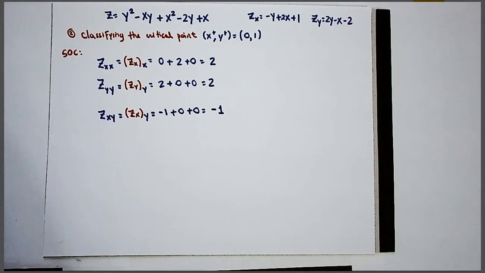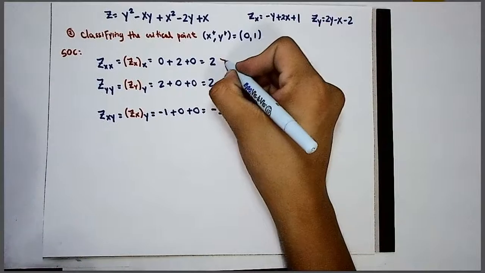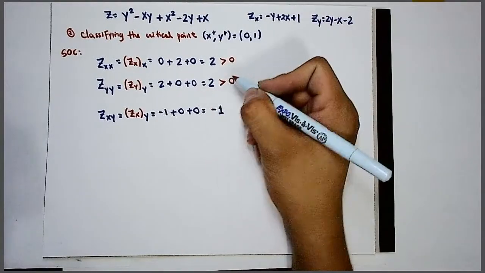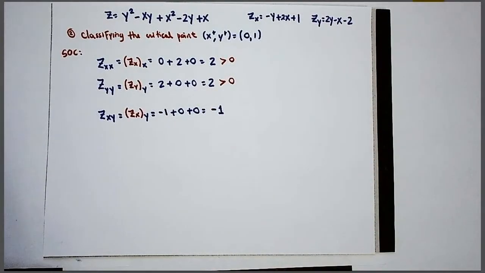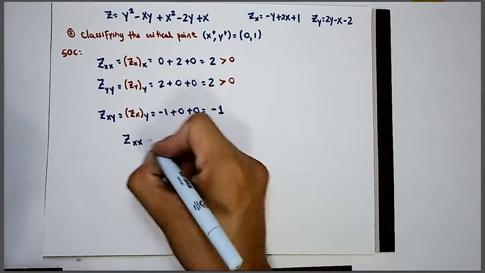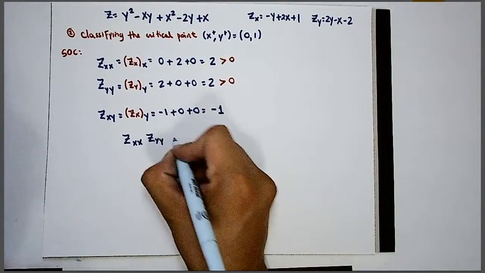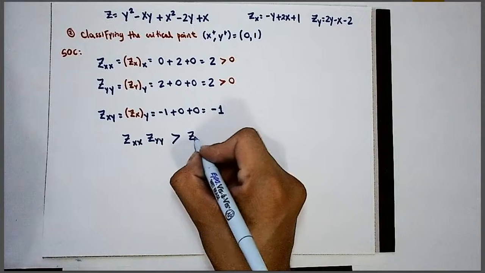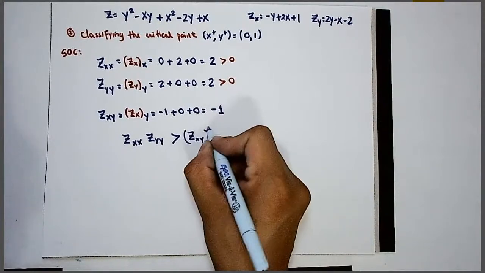So notice that zxx is greater than 0 and zyy is greater than 0. And then we need to check if zxx times zyy is greater than zxy squared.